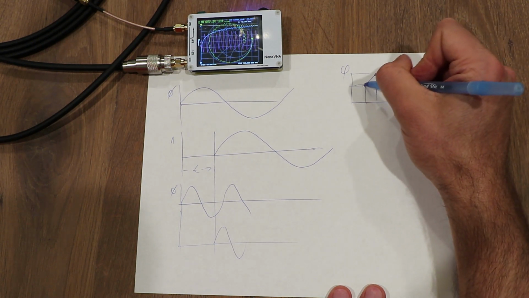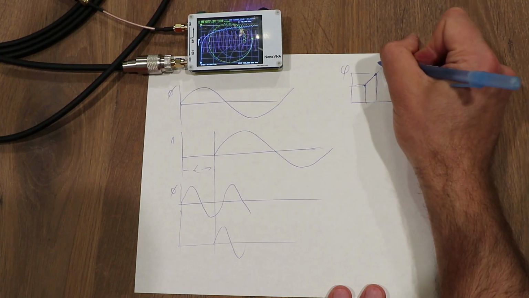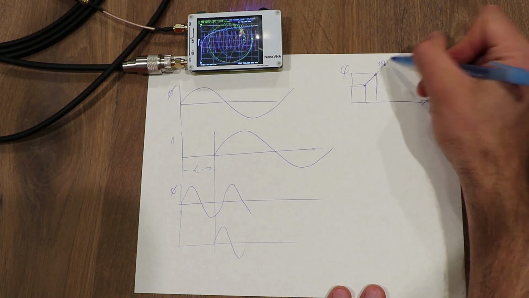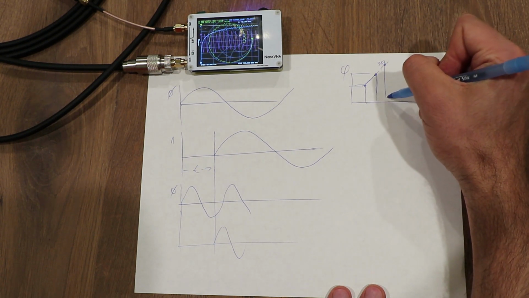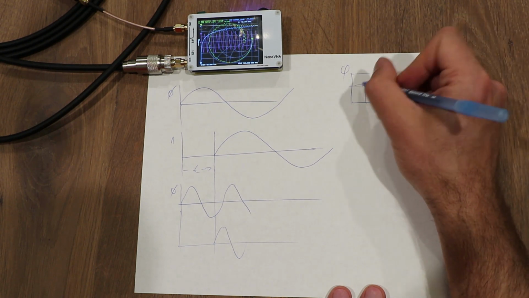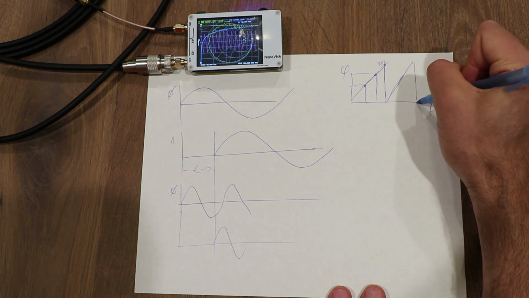So we can say that it goes up and up and up until it reaches 360 degrees. And then it keeps on going to 370, or we can just say, you know what, we can just start counting from 0. So our chart will look something like a sawtooth pattern.